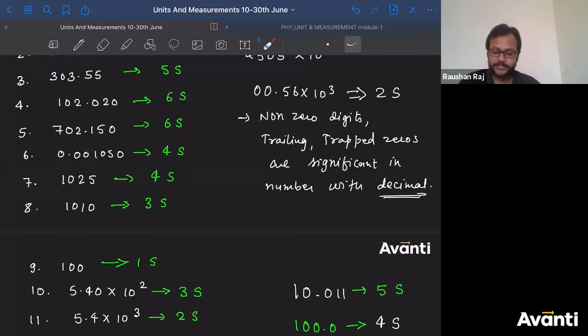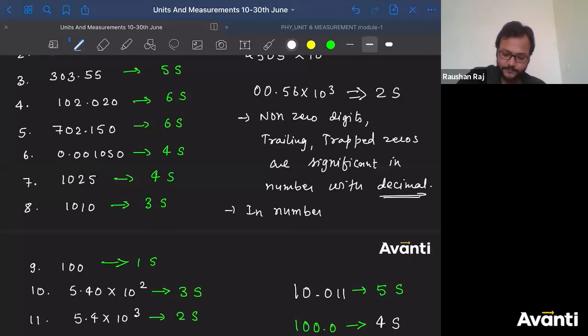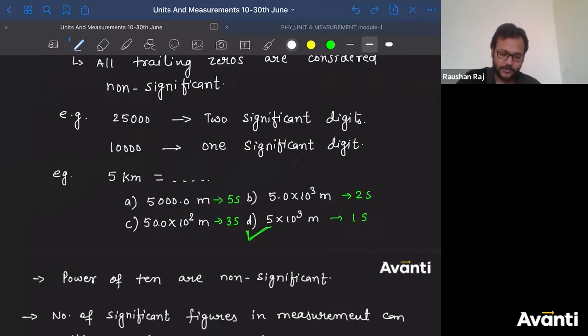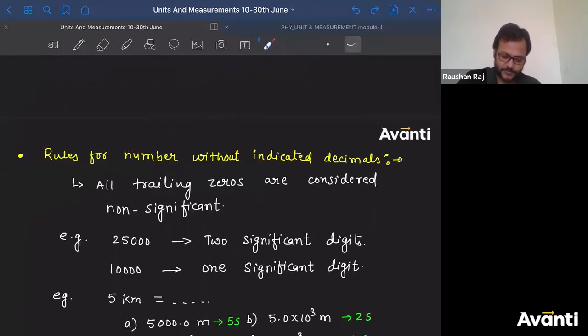All right? If you have a number without a decimal, then in that case, the trailing part will become non-significant. I have already written it here in these notes. See, all the trailing zeros are considered non-significant.